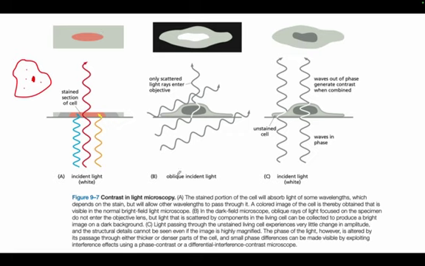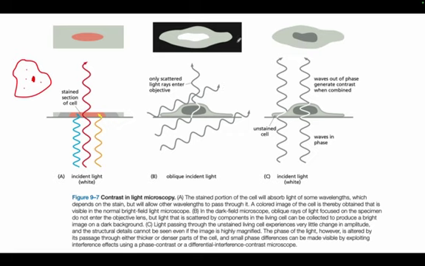Another option is something called dark field microscopy. In normal bright field microscopy, all the light comes straight, and most of the light enters the objective. Dark field microscopy is the opposite. The light is coming at an angle. If this light is not interacting with the sample, it is not going to enter the objective.